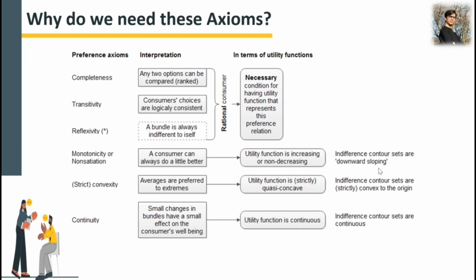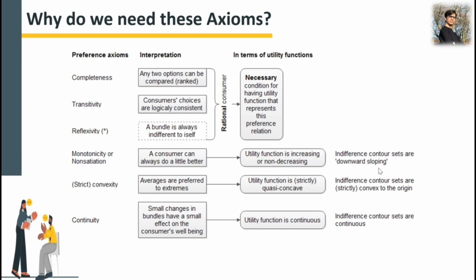And also, in the case of convexity and strict convexity, these two axioms demonstrate for us that averages are preferred to extremes. It means instead of having too much of one good than another, it's better to have the average, to have a combination of goods, rather than having too much of one good and the least of another.